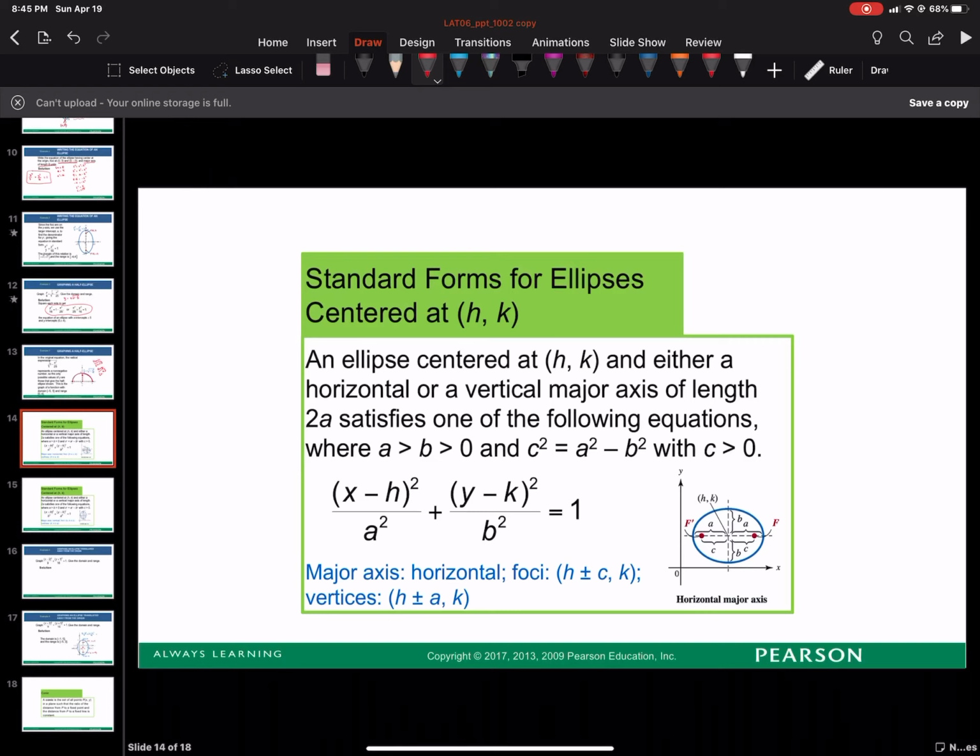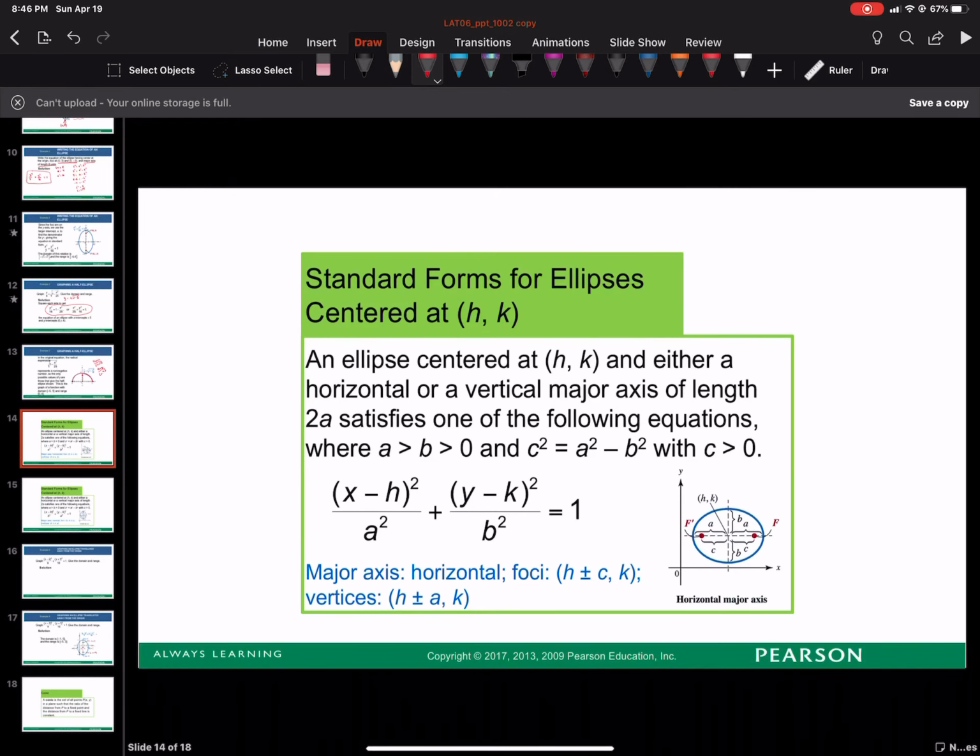So keep that in mind, because that means it shifted. If you shift to the left or the right, you're dealing with the x's. So that's why we're shifting the x points. The foci move just as much as the x term moves, and the vertices move.